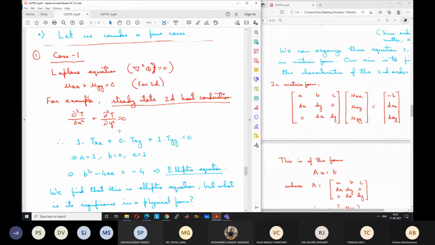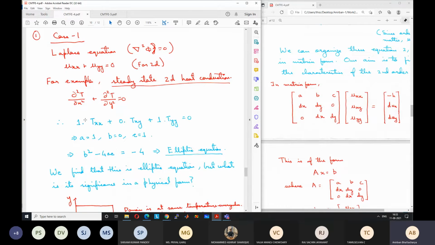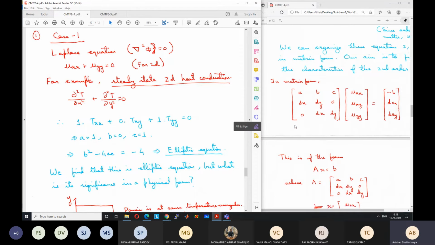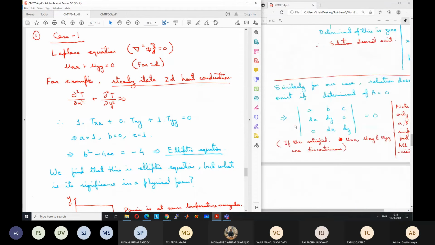So, more than one independent variable. What is the nature of this? The coefficients are 1 into Txx plus 0 into Txy, there is no Txy term, plus 1 into Tyy equal to 0. Let us open the classifications on this side.